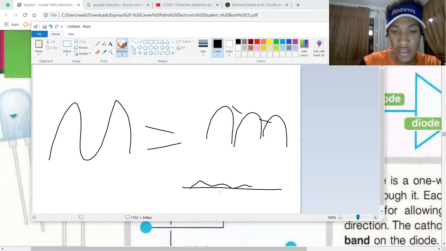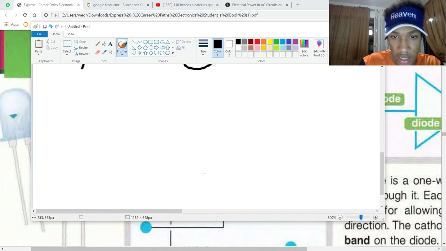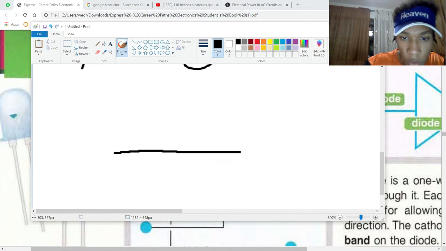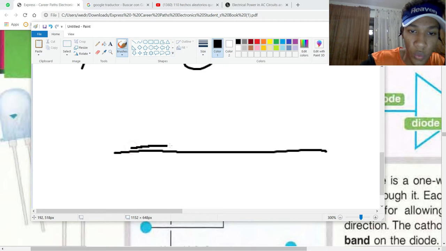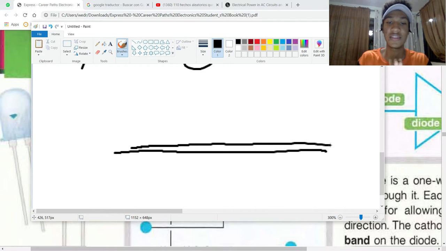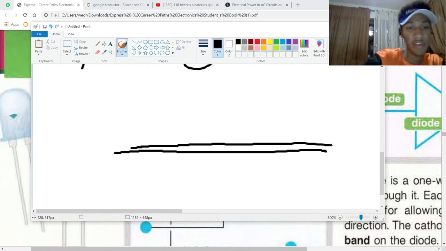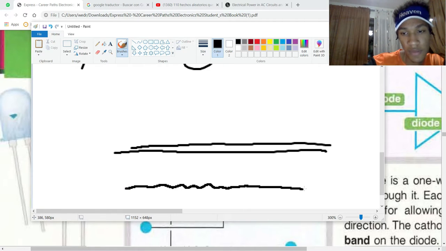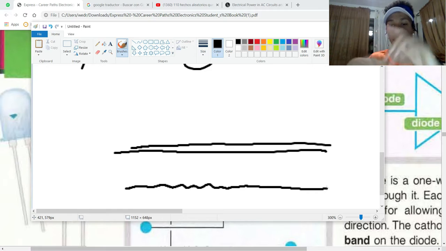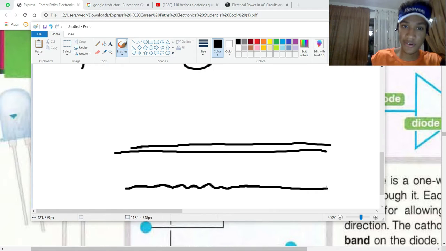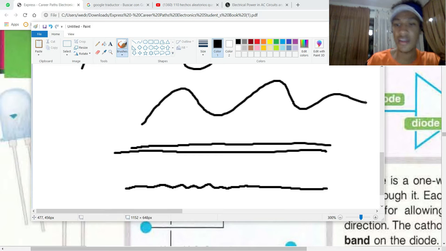And the more filters and more things you add, this is DC current, continuous current, a little modification of the AC current, and that is the difference.